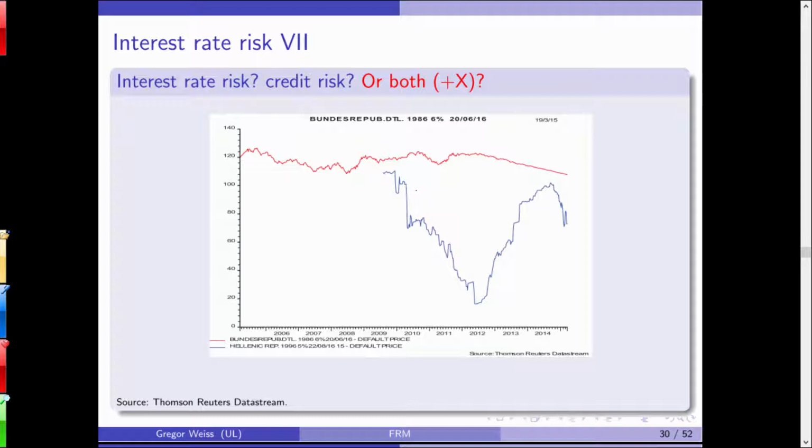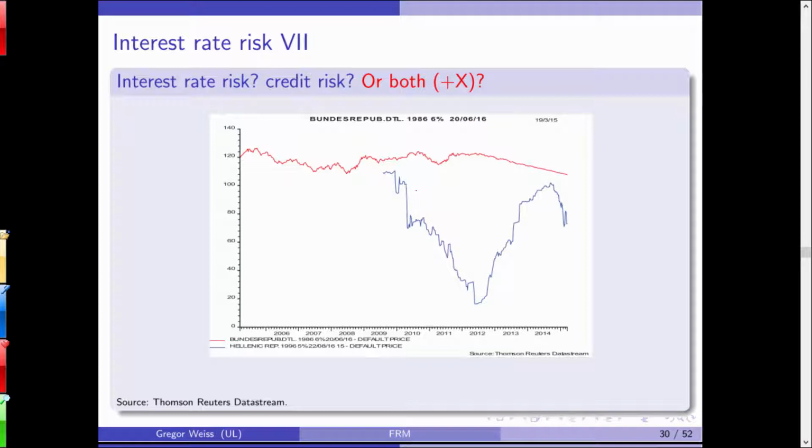I mean, if Germany had defaulted on its bonds, that would have been a catastrophe, I would even assume larger than the financial crisis. So at that point, everyone knew that Greece might go bankrupt, but Germany never ever. So at this point, you can see that the volatility actually is close to zero. It simply smoothly converges to 106, to the price at the end.